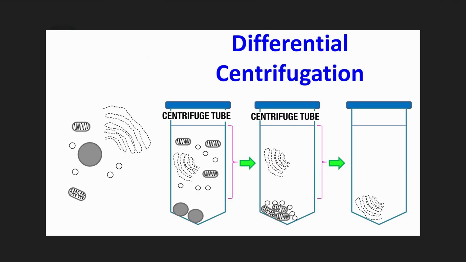By exploiting differences in size, density, and shape, differential centrifugation separates cellular constituents through sequential spins at increasing centrifugal forces. Its simplicity and accessibility make it a staple in laboratories, particularly for initial fractionation before more refined techniques like density gradient centrifugation are applied.